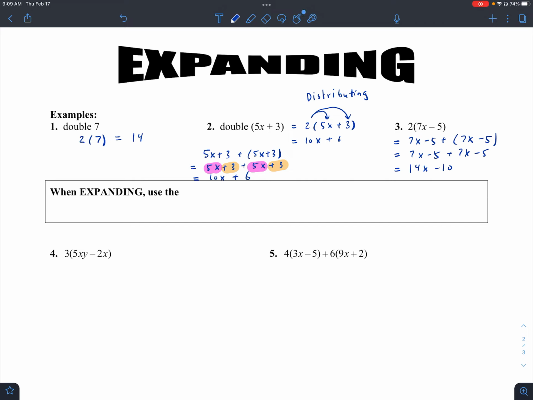Okay, so when you're expanding, use the distributive property. What that is, if you have a number outside the brackets, you distribute that number to the terms that are inside the brackets by multiplying everything inside the brackets by that number outside the brackets.